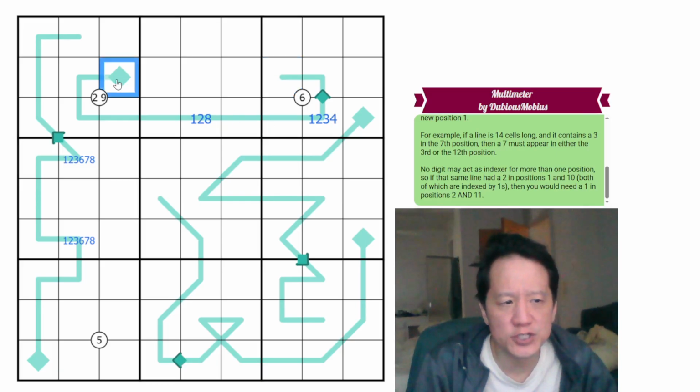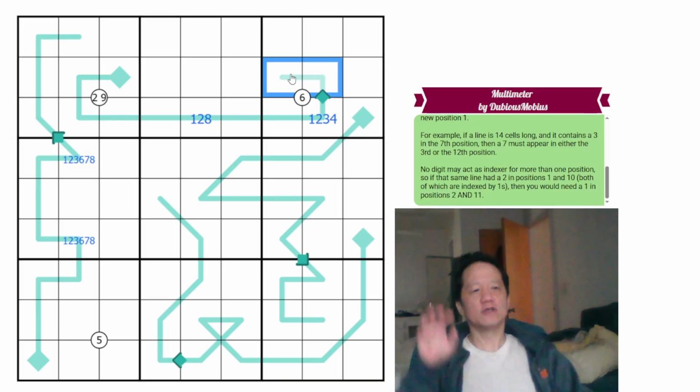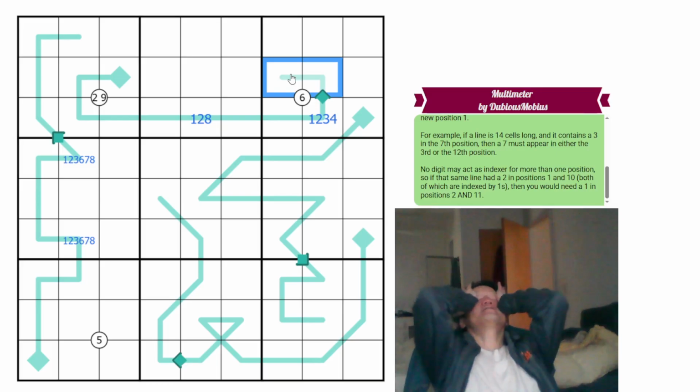Because whatever digit is here and whatever digit is here, they're both saying a 1 is in that position, and you can only index one of them, right? Each. So if this were both in, say, the second position, then they would have to both be 1. Oh, interesting.